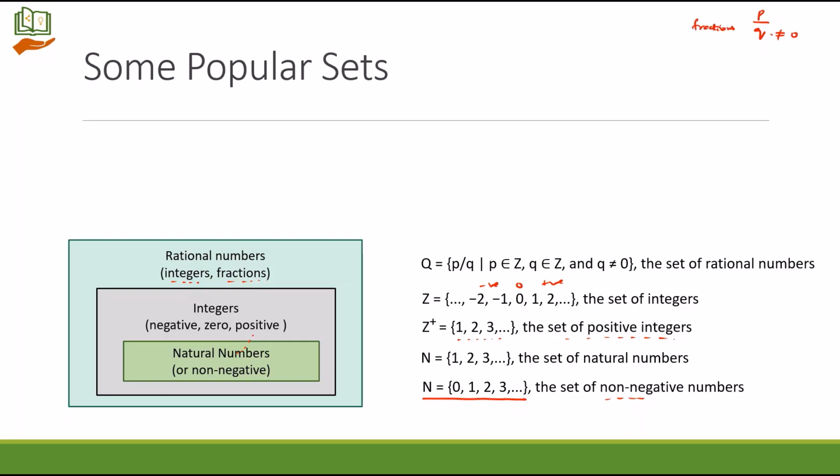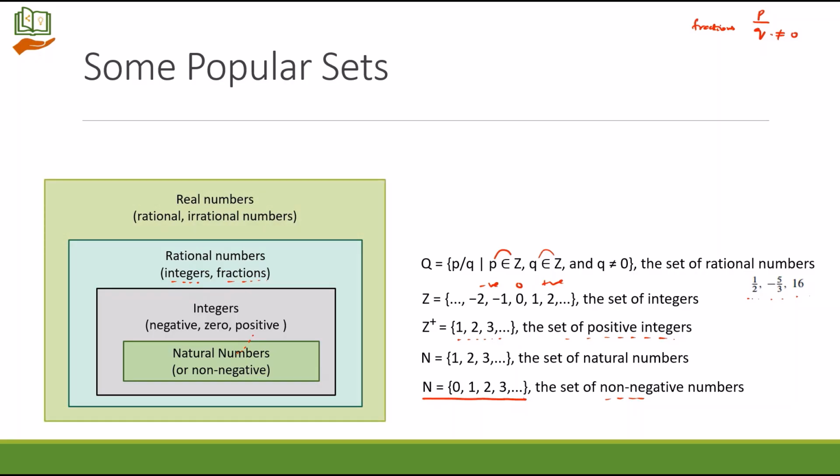Here p is an integer, and the denominator q is an integer, provided the value should not be equal to 0 for the denominator. These are the set of rational numbers. Some examples are included here, whether it is a positive fraction, negative fraction or even an integer itself, all three are included here.